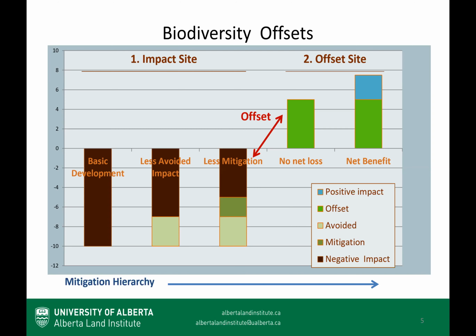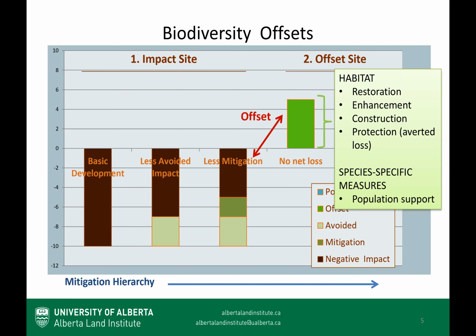Now, what do I mean by environmental gains, and what sort of things might be considered? Well, typically, with respect to habitat, we see habitat restoration. In some cases, that's restoration of habitat that's been previously degraded. In some cases, we see enhancement of habitat by either introduction of new species or correction of some limiting factors.